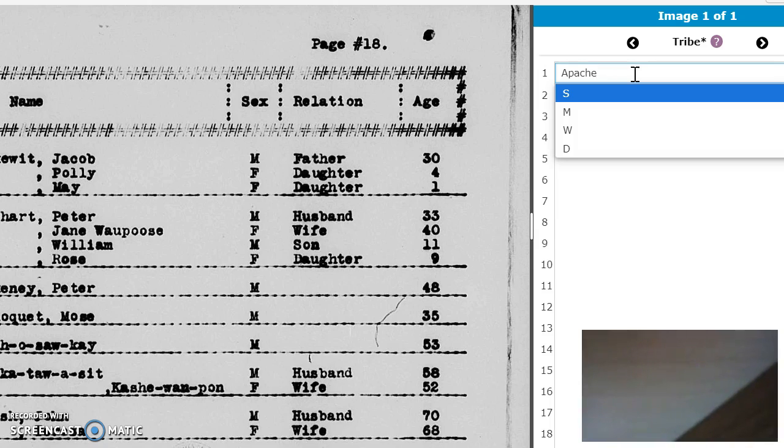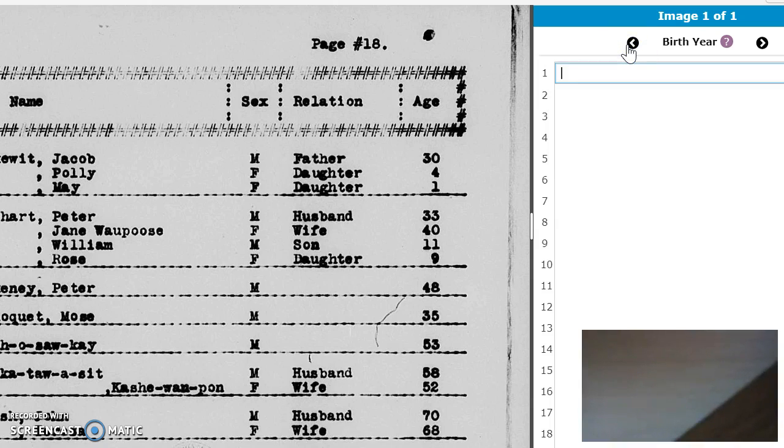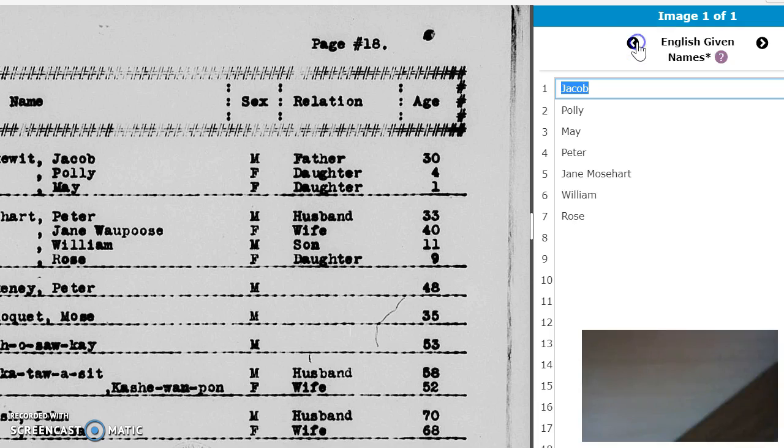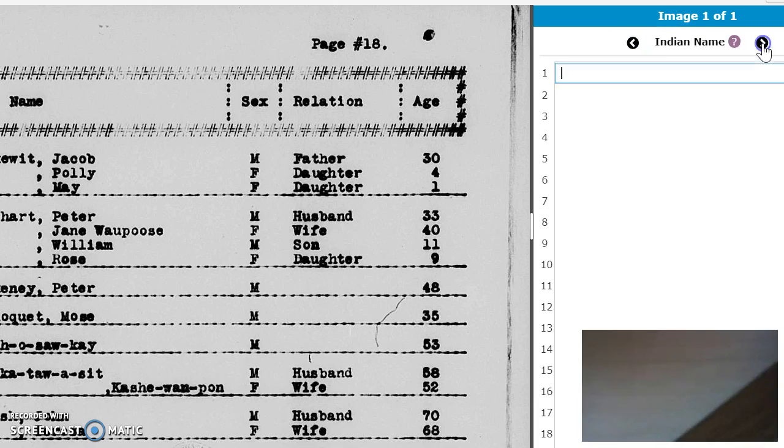So if I want to type Apache, it wants me to choose single, married, widowed, or divorced. Just like you would, oh, not the column to the left. Another column, let's just say. So when I was typing Apache, it was giving me suggestions from the column to the right.